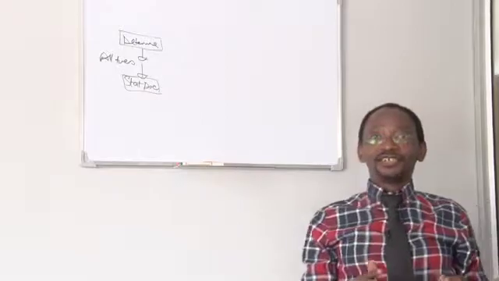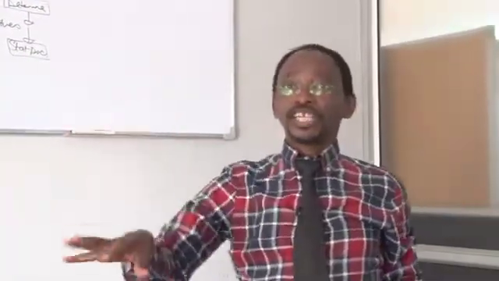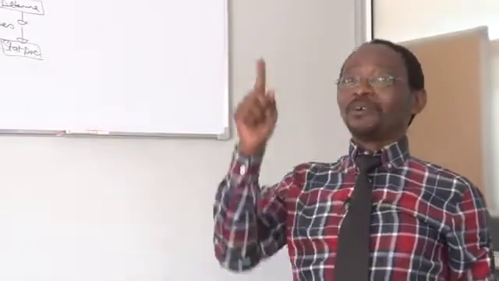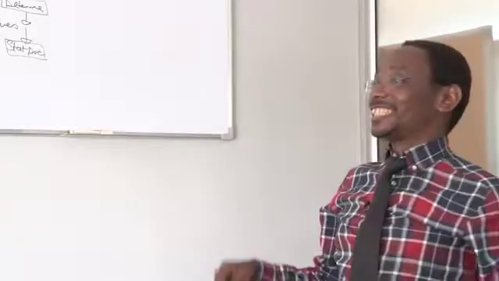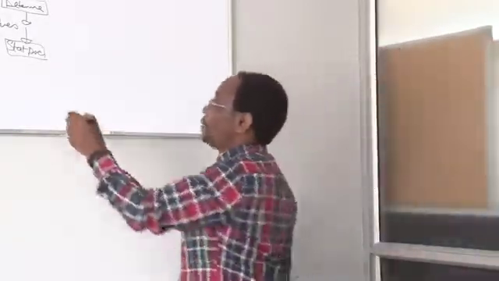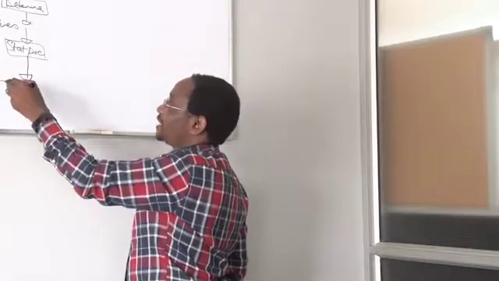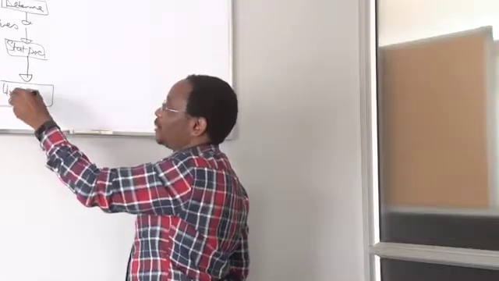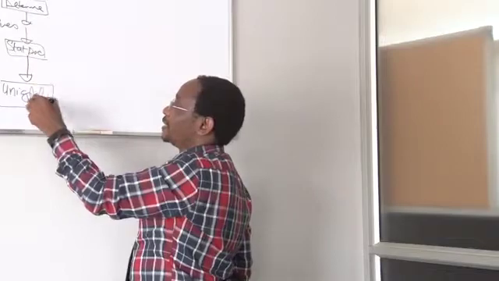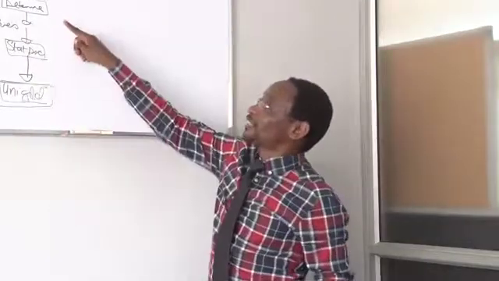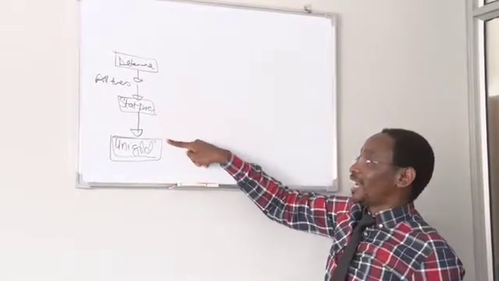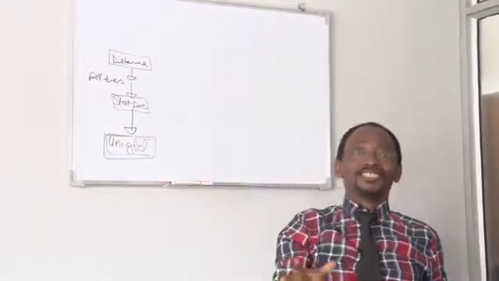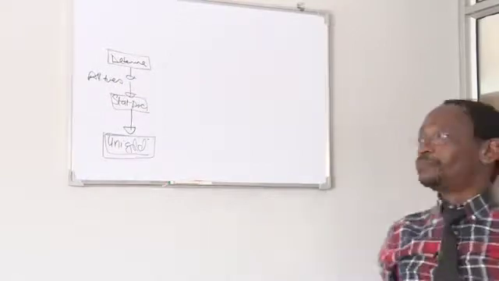That test increases specificity, so it reduces the false positives to nearly 0. But the problem is some of the true positives now turn negative. So that is why in Uganda we apply a third test, the tiebreaker test, called Unigold. All those who are positive at the beginning and then negative in the second one are called indeterminate. So they undergo what we call a tiebreaker test.